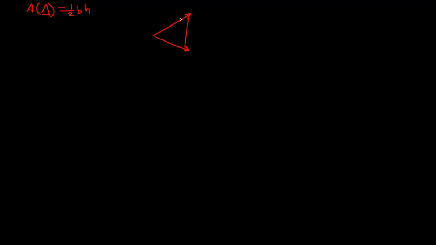So what we can do is, if we know the angle here, theta, and we know two of the sides, A and B, then we can use some trigonometry and we can say that the area of the triangle is actually equal to 1/2 A B sine of theta.